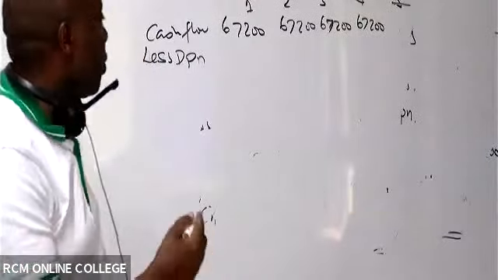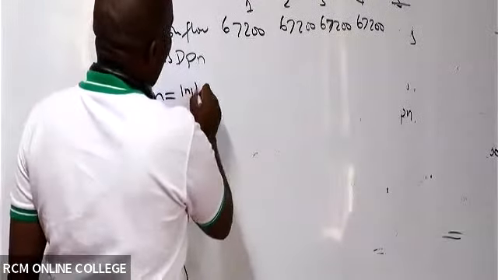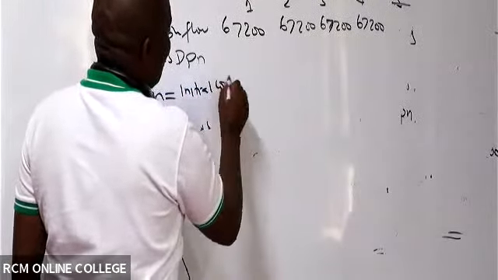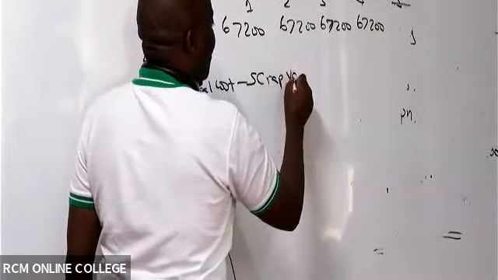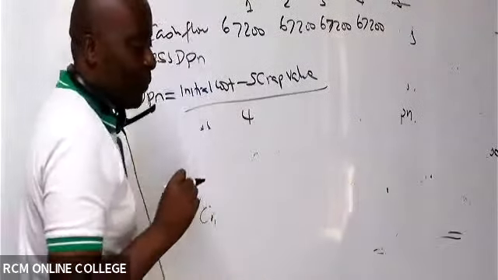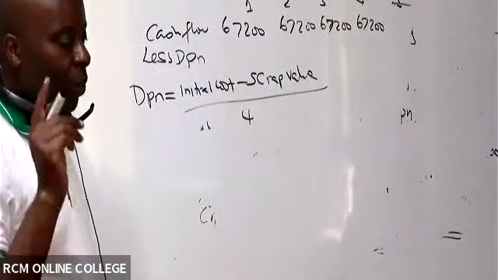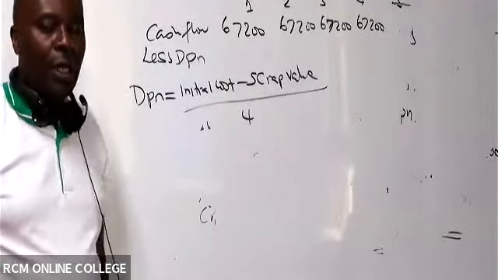To get depreciation is really easy. We take the initial cost, subtract the scrap value, divided by the number of years, which are 4. Are you able to see the initial cost of this project?